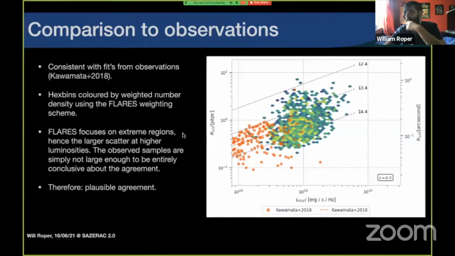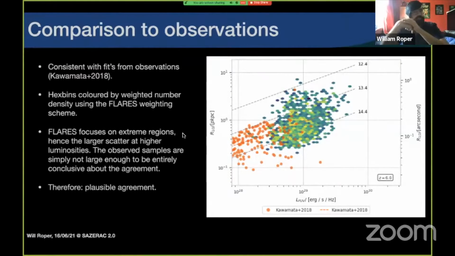At these redshifts the observations are fairly sparse, but really encouragingly, there is a good agreement between the fits from Kawamata and our distribution from the high mass compact population. The caveat to this is FLARES focuses on these really extreme regions, and hence you get this large scatter at high luminosities, which isn't necessarily present in the sample.